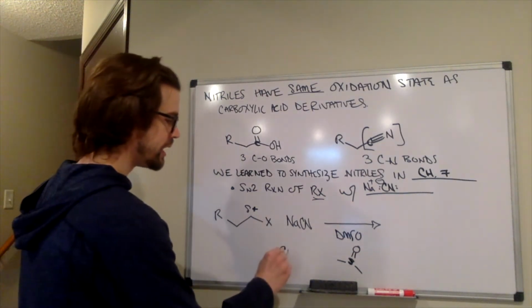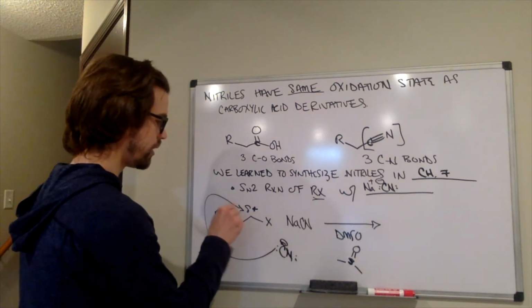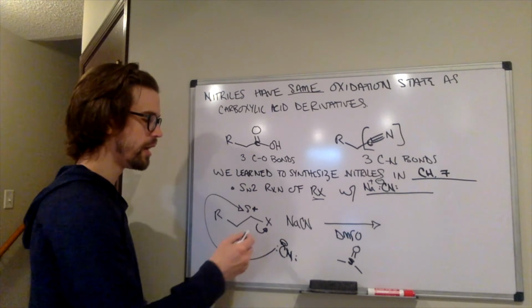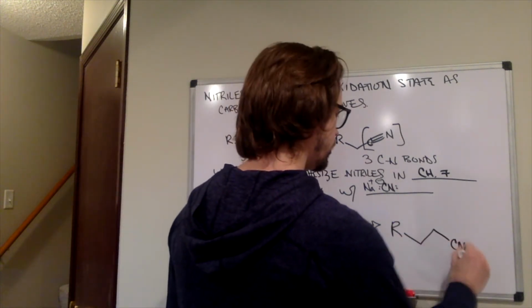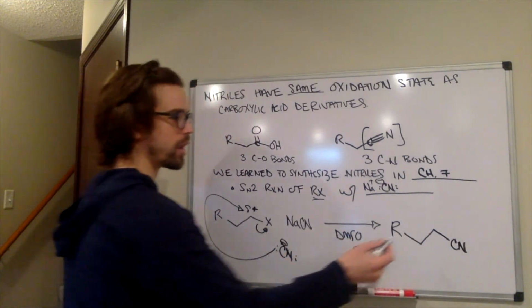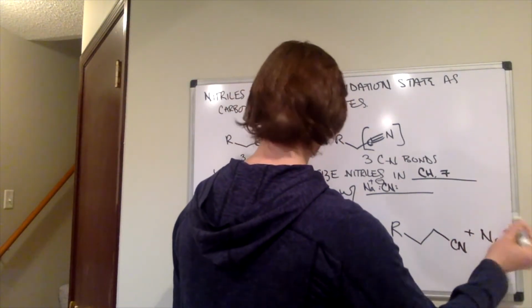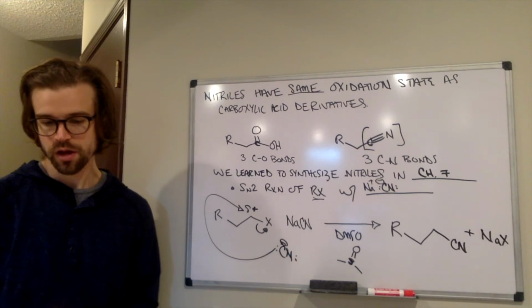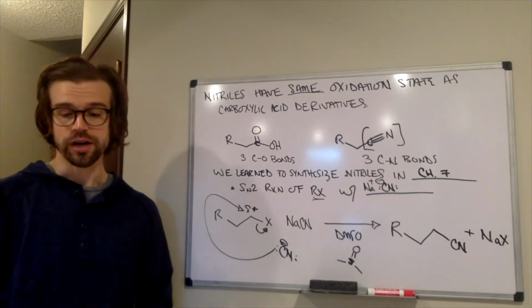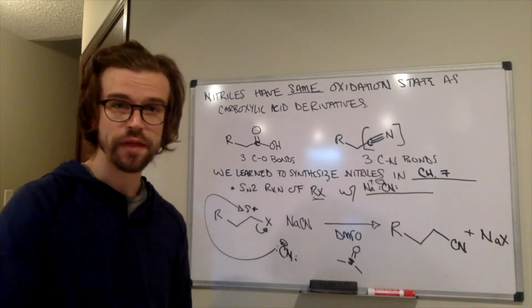And that CN minus then will just act as a nucleophile in an SN2 reaction, kicking out that halogen to make the new carbon-carbon bond of that nitrile. And then we would get sodium X as the other thing in that reaction. So that is how we synthesize nitriles. What is the general reactivity of nitriles? More on that in a moment.